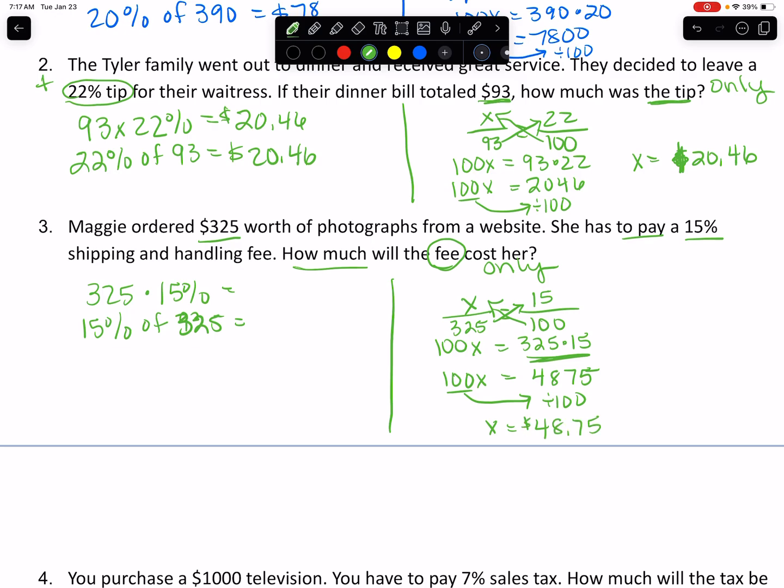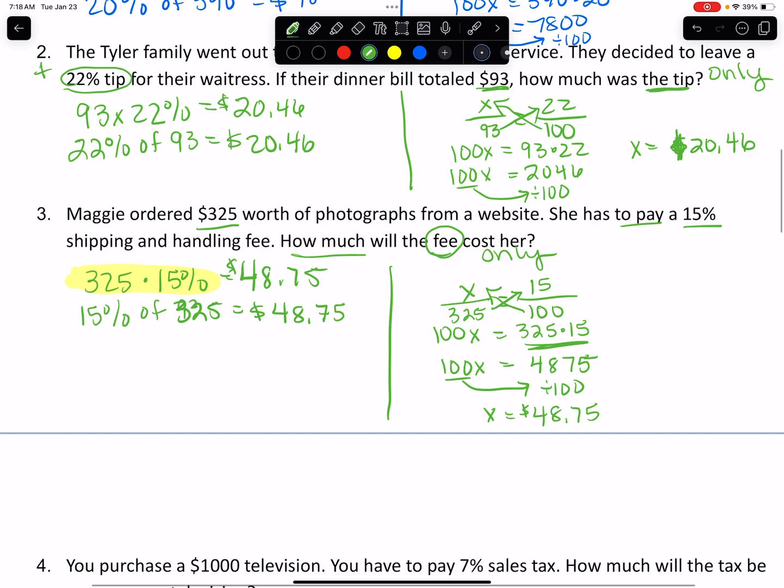Now, for a student that chooses to use the calculator, I'm going to do 325 times 0.15. I just typed that into the calculator, and I got $48.75.